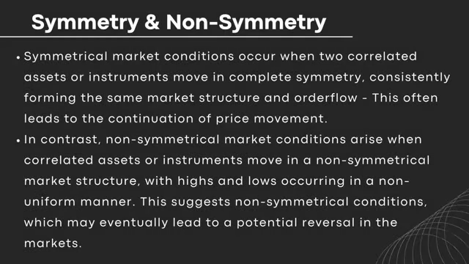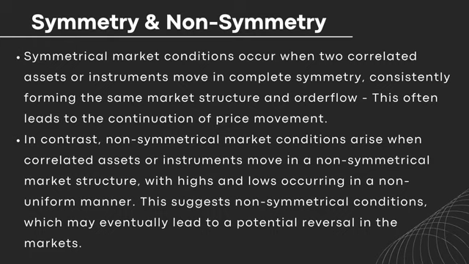Moving on, in this slide, we're going to discuss what symmetrical and non-symmetrical market conditions mean, how they work, and how we can use the core concept in our analysis to gain conviction. So, symmetry is basically defined as proportionate and balanced similarity found in two correlated or similar objects or structures, right?